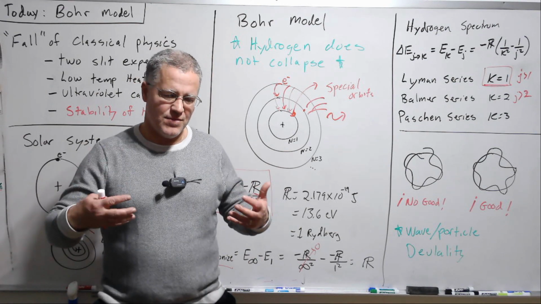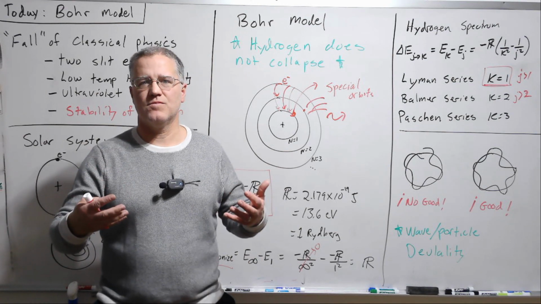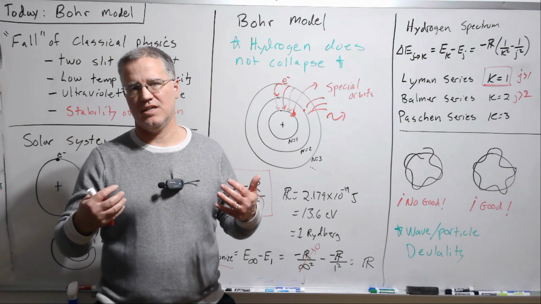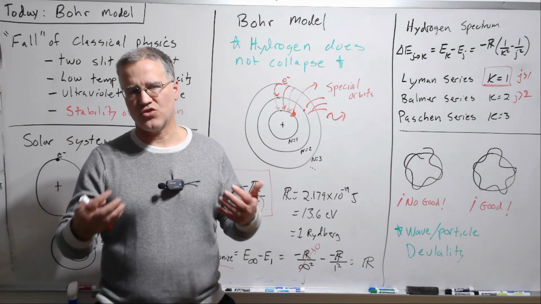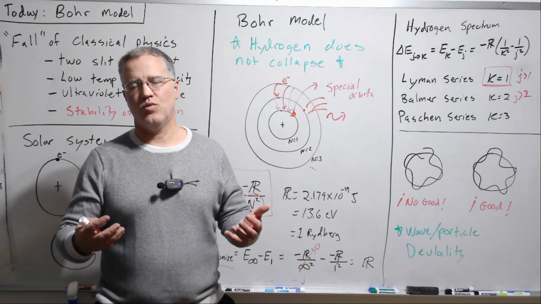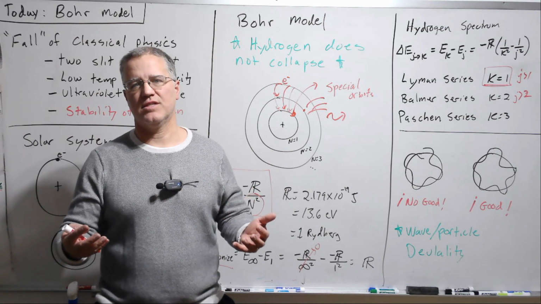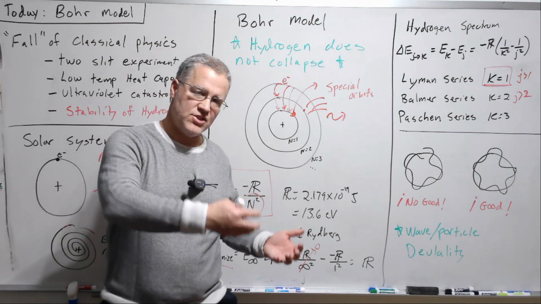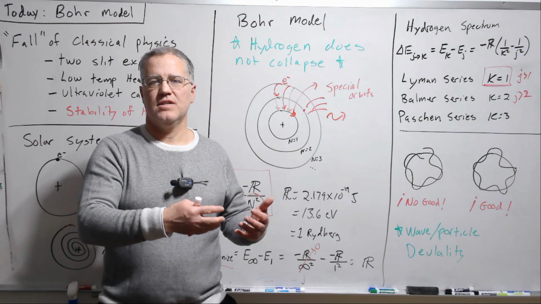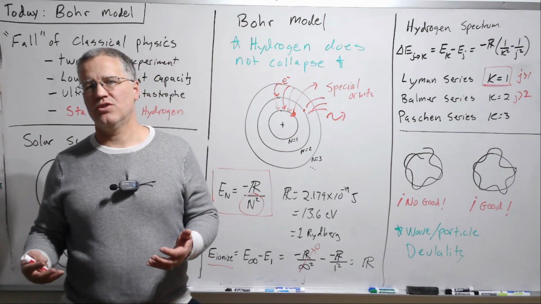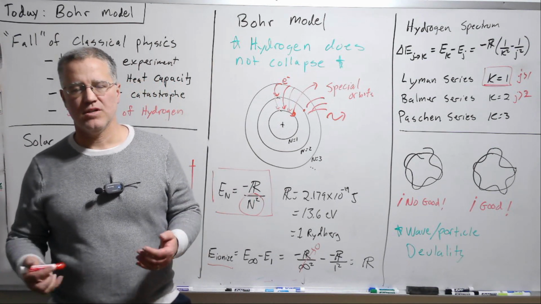So there must be some kind of quantum behavior coming in, and the Bohr model is trying to capture that. And where it does is in these special orbits. And then, without understanding quantum mechanics at that time, what do these special orbits mean?